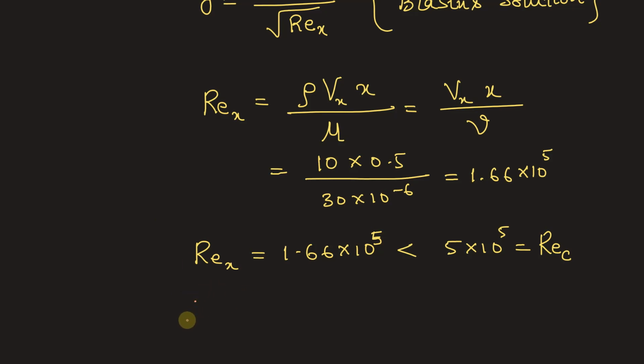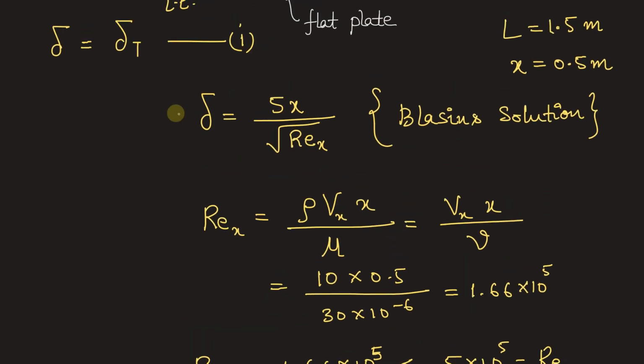So this is an example of laminar flow. Okay, so we need to find the hydrodynamic thickness in the laminar region, as we have already established here, but we haven't exactly said the term. This is hydrodynamic boundary layer thickness in the laminar region.